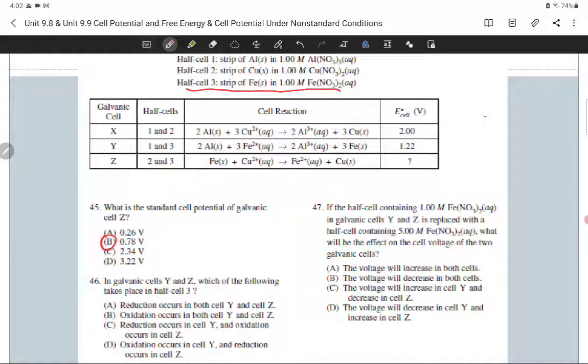Iron ions going to iron metal, that is, for iron, that's being reduced. And then iron metal going to iron ions, that's being oxidized. So I guess that would have to be C.